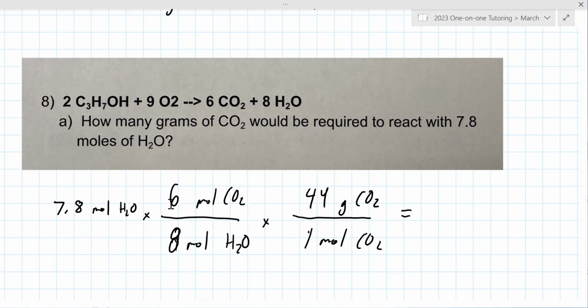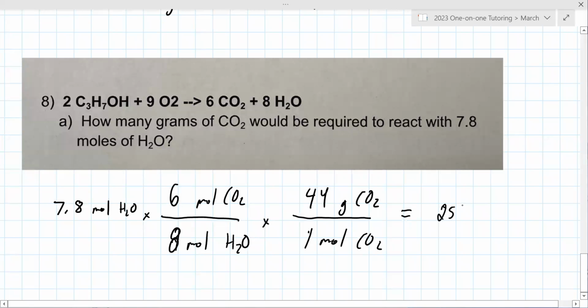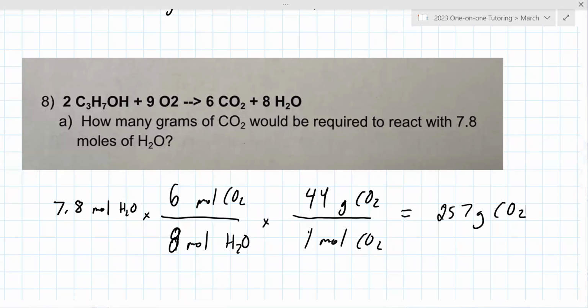Okay, so 257 grams of CO2. Yes, 257. Perfect. All right. Nice.